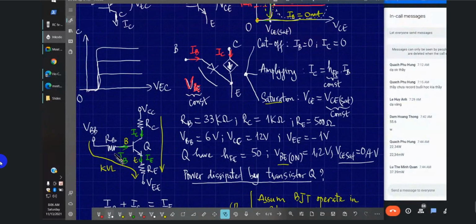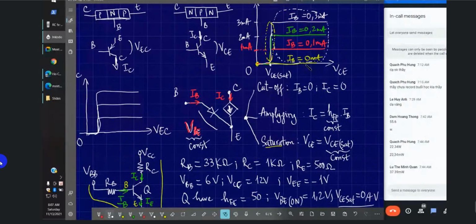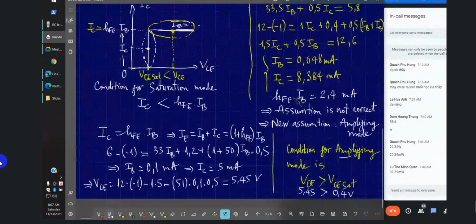If IB is not 0, then it is operating in either saturation or amplifier mode.